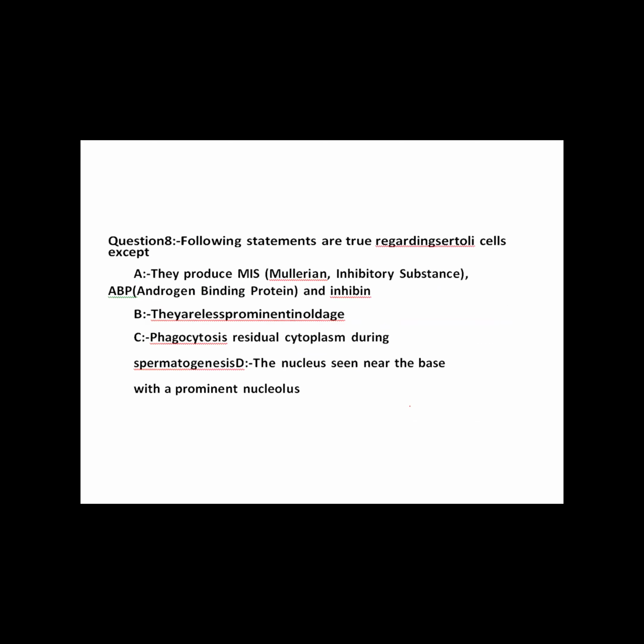We move further. The following statements are true regarding Sertoli cells, except. So you need to identify the false statement for Sertoli cells. Okay. First statement: they produce Mullerian inhibitory substance.